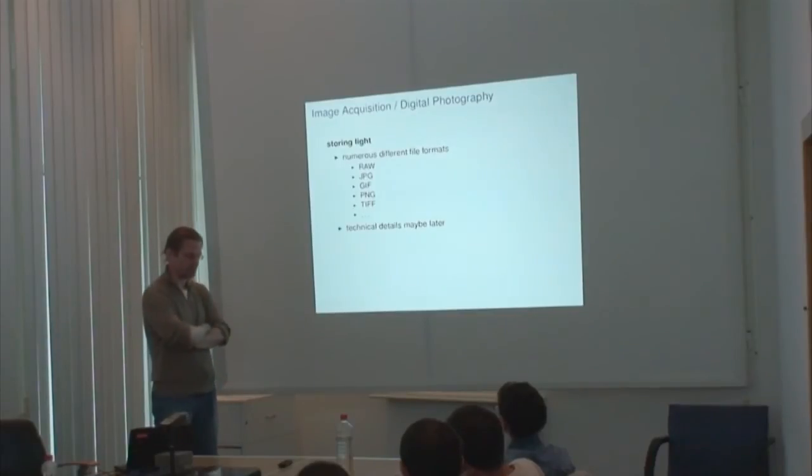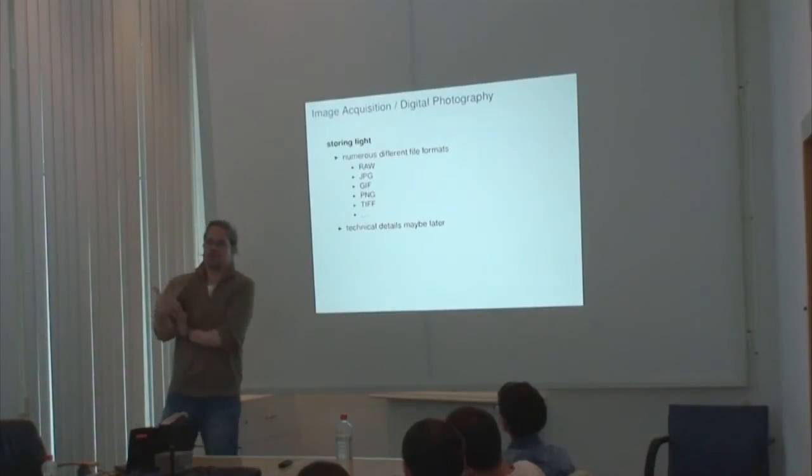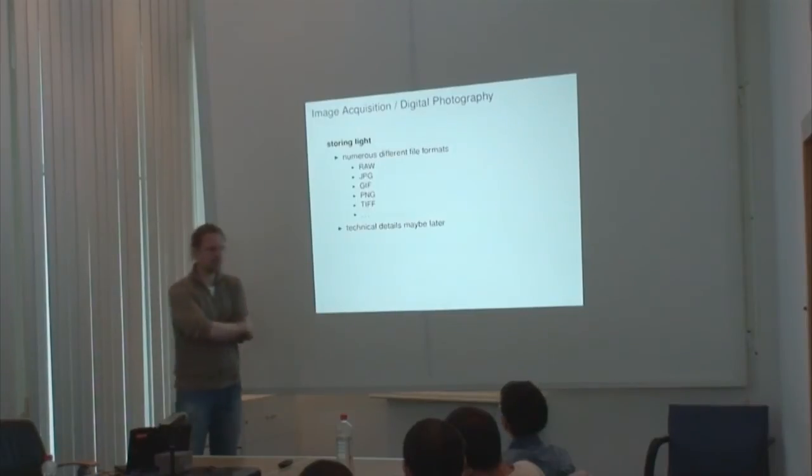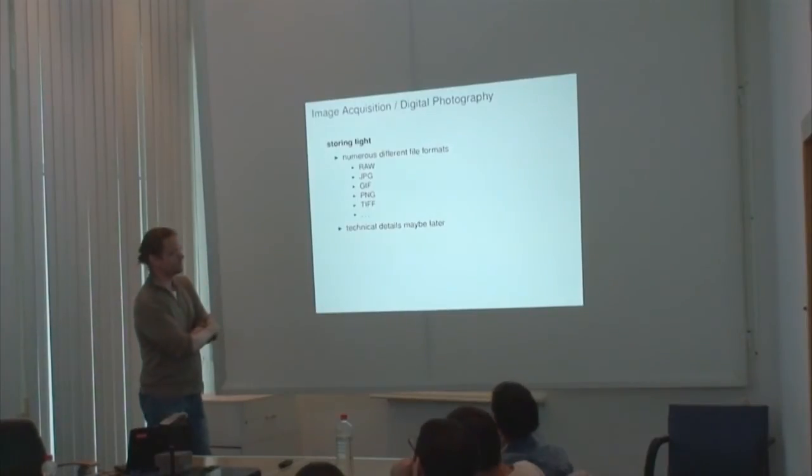Now we have them, and the question is how to proceed from there. In memory there is typically 1 byte per pixel, as these things are called. How do we proceed storing these images on hard drives, memory chips, whatever?